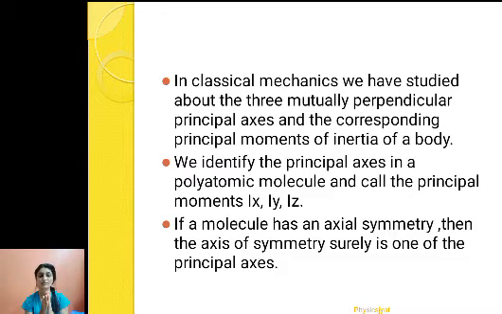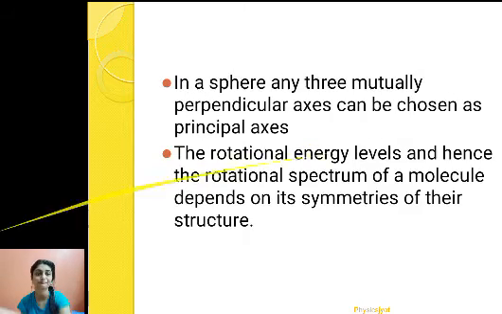If a molecule has an axial symmetry, then the axis of symmetry will surely be one of the principal axes. Depending upon the moments of inertia about the three principal axes, we can classify the molecules. In a sphere, any three mutually perpendicular axes can be chosen as principal axes.